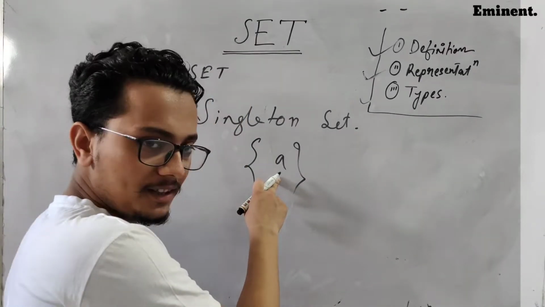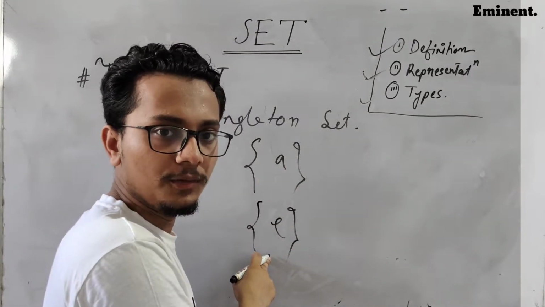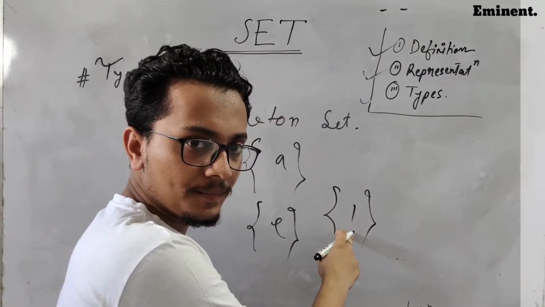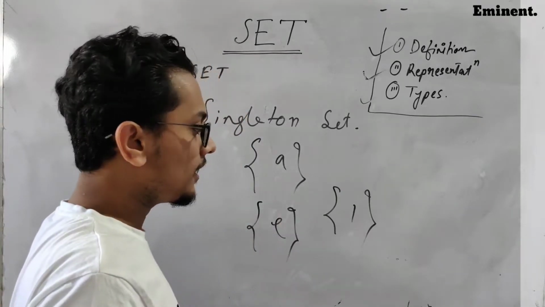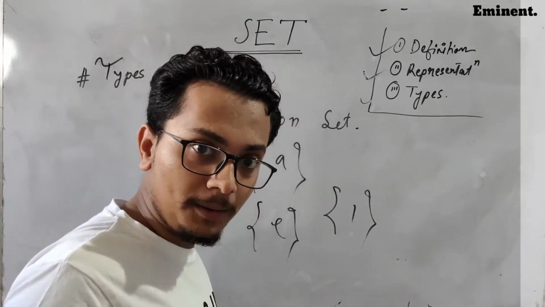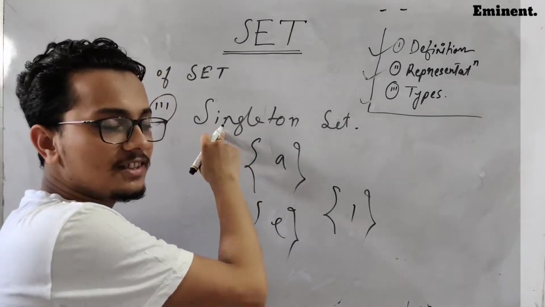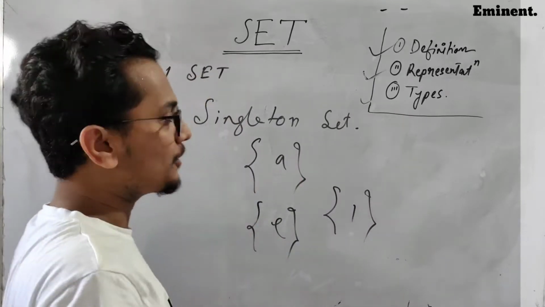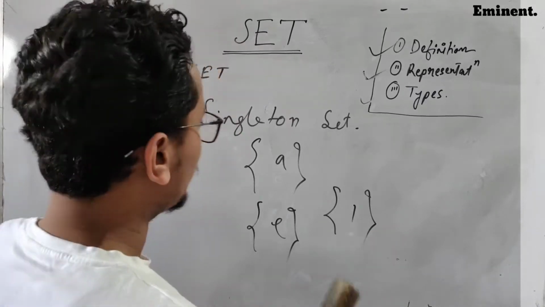Only one element is there, like this. If the number of elements in a set is just one, then this set is known as a singleton set. I hope you understood what a singleton set is. Now let me take the next one.